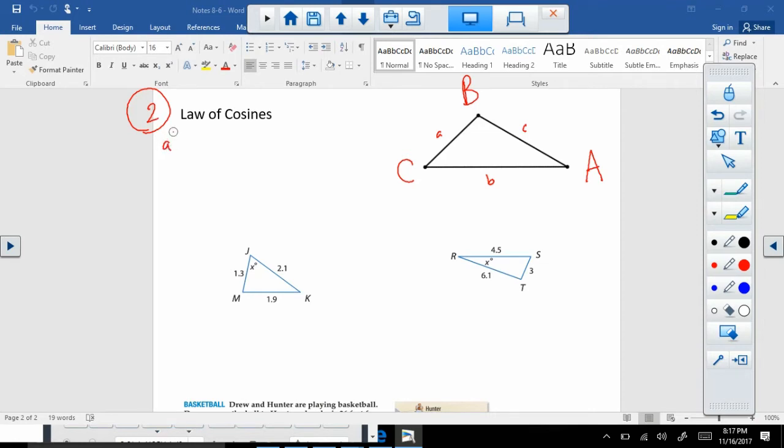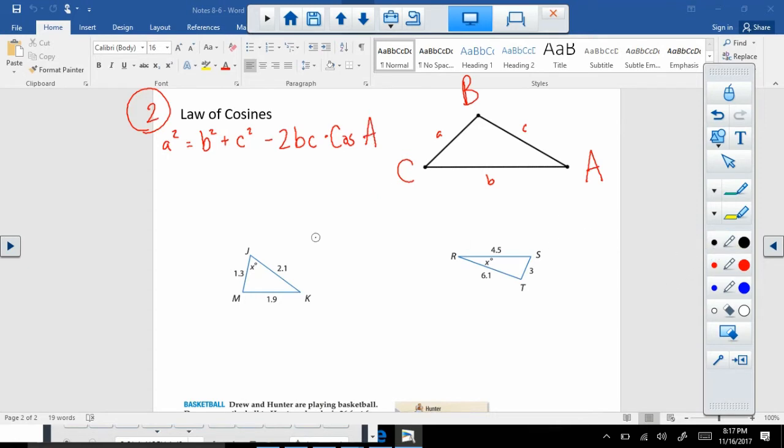So this would say that a squared equals b squared plus c squared minus 2 times b times c times the cosine of A.